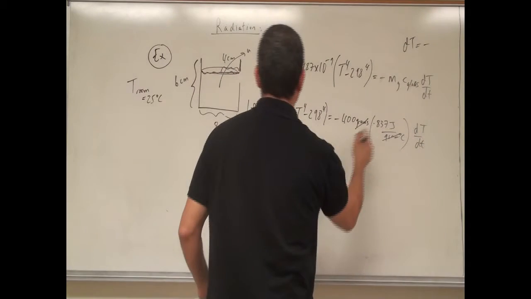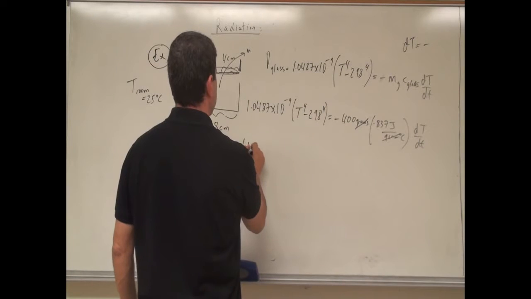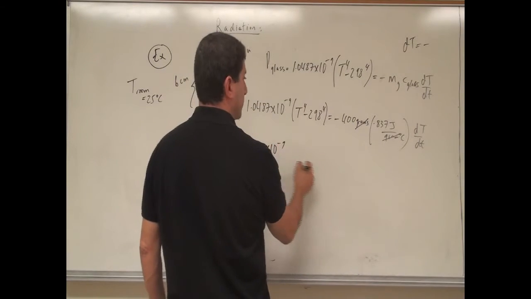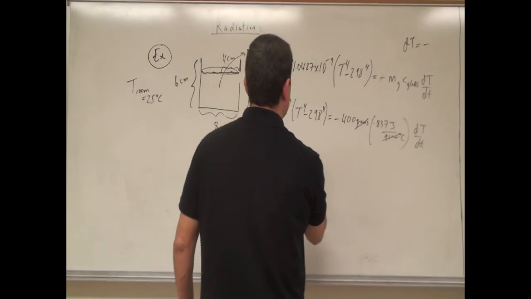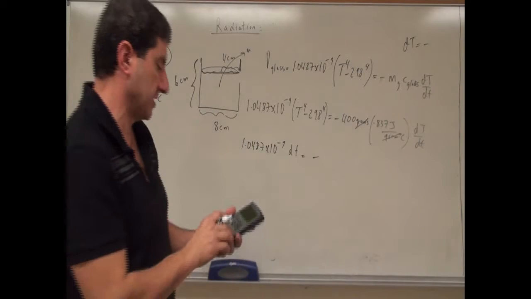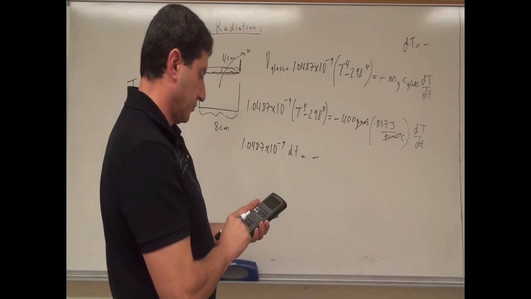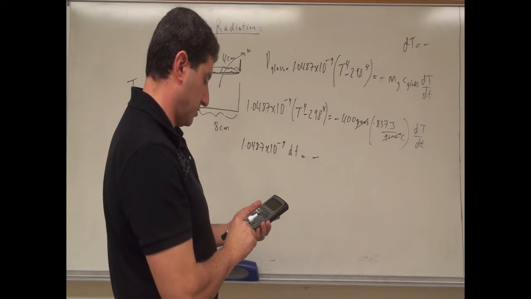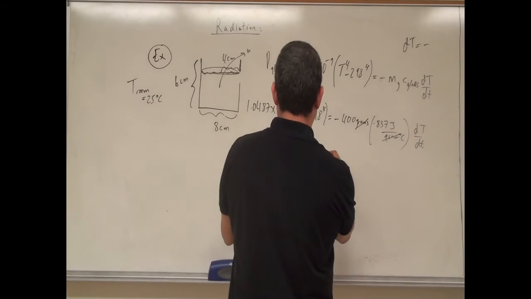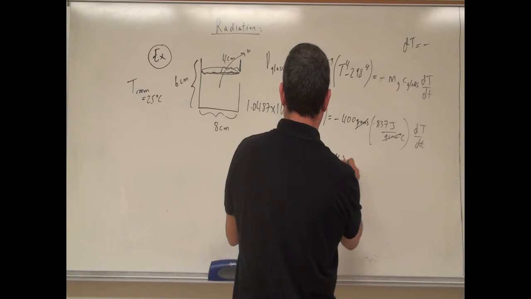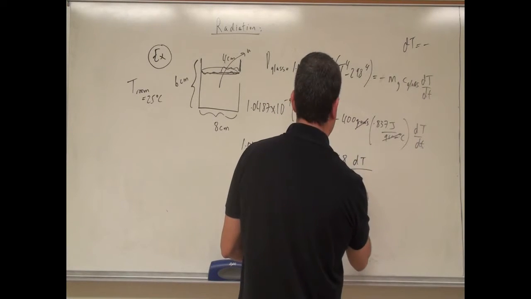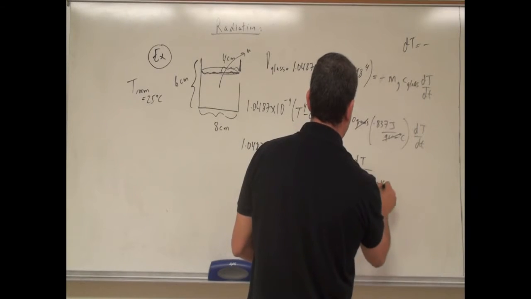Then we can cross multiply here, and then we get 1.0487 times 10 to the negative 9 dt, and that's equal to negative 400 times 0.837, which gives you negative 334.8, right? dt over T to the fourth minus 298 to the power 4.